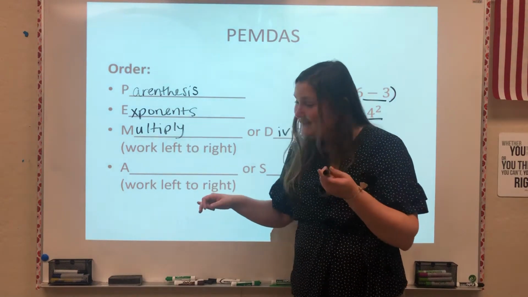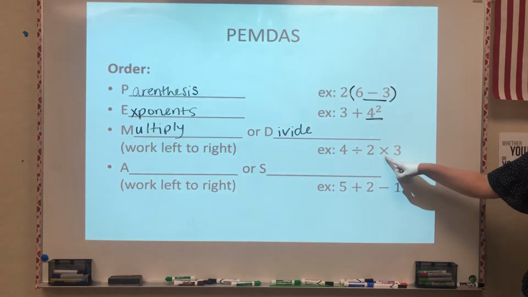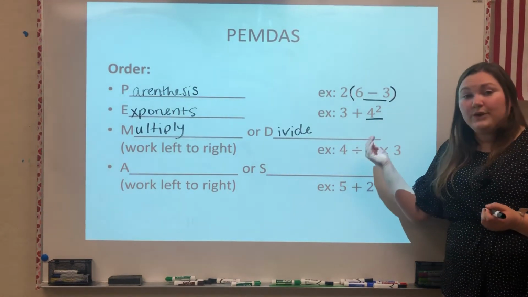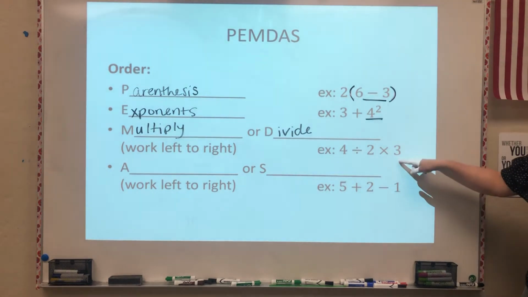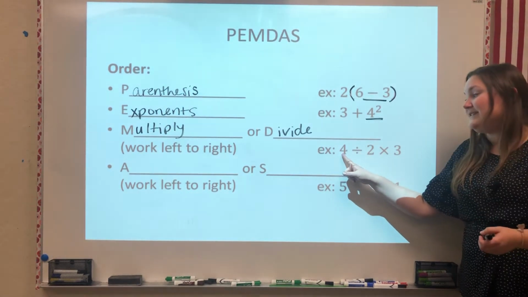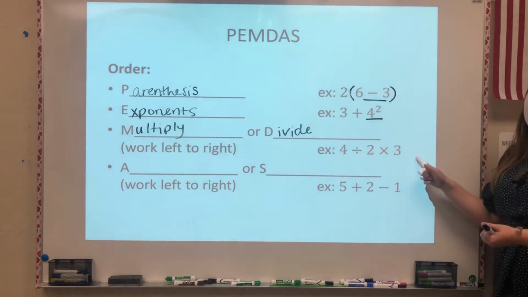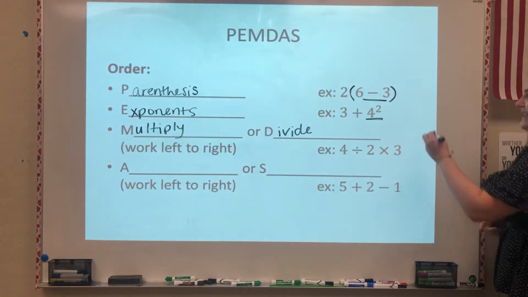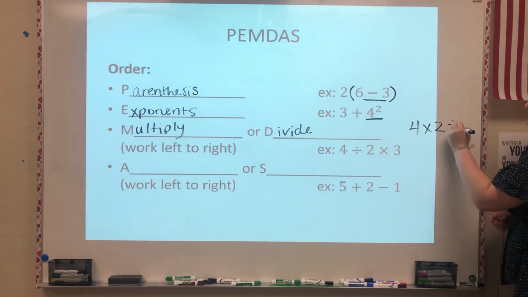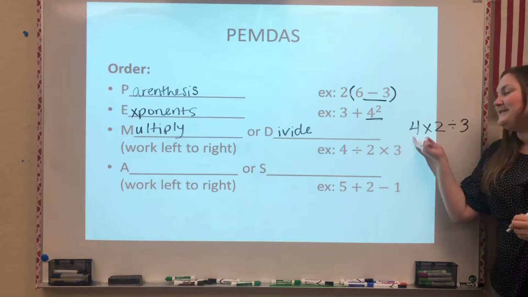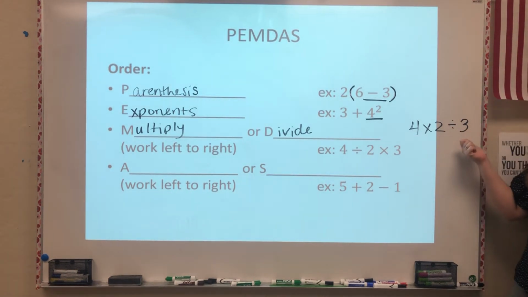Now, what I mean by that is if I have a problem like this that has both multiply and divide, we are going to go from left to right to complete them. So in this particular problem, it means I would do the division first, get an answer, and then do the multiplication. If I had flipped that around, so if it said 4 times 2 divided by 3, in this problem I would be doing the multiplication first, get an answer, and then divide.